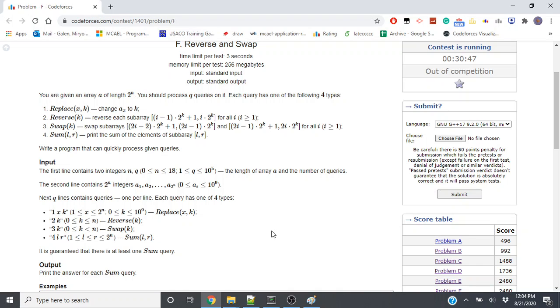Huh? And 2i minus 1. What does that mean?